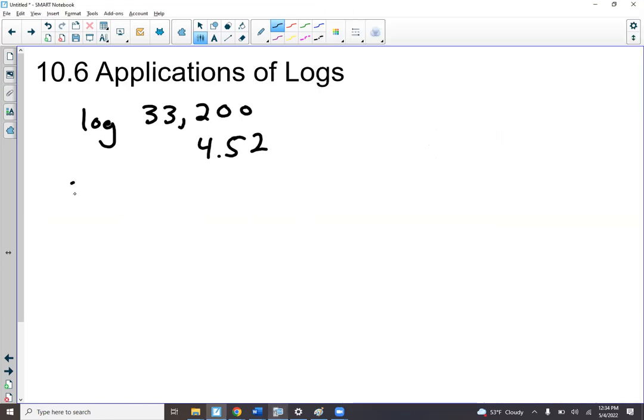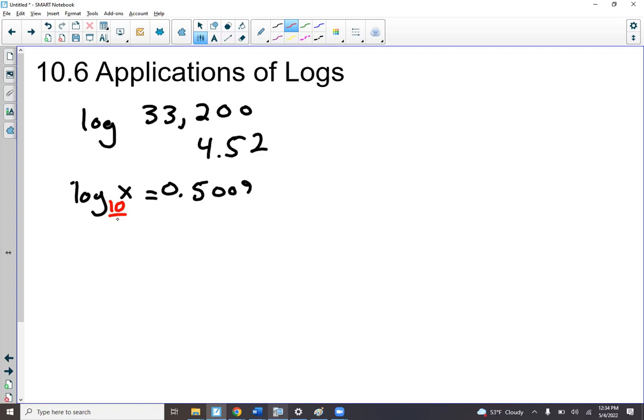Now, if we have a situation like this, where it's log X equals, let's say, 0.5009, you can't get an X on your calculator. The base of the log becomes the base of the exponent. If you don't see a number on the bottom of the log, it's 10.